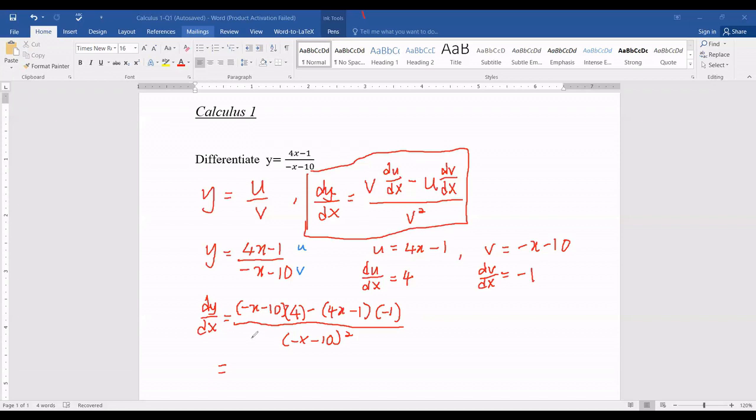Now we can expand this function. We get 4 times 4x, and then 4 times minus 10, you get minus 40. Then minus 1 times 4x, you get minus 4x, and then minus times minus 1 gives a positive 1, and times minus 1 you get a minus 1.